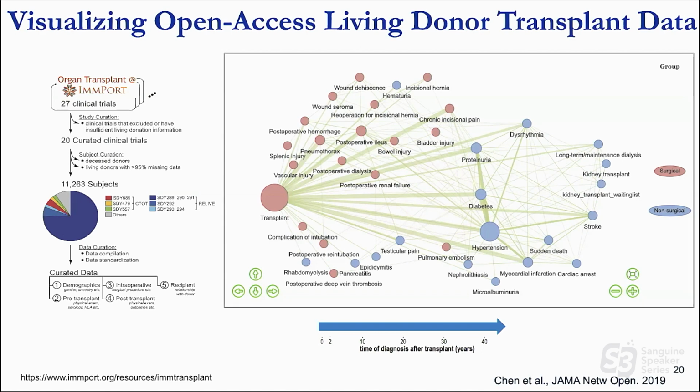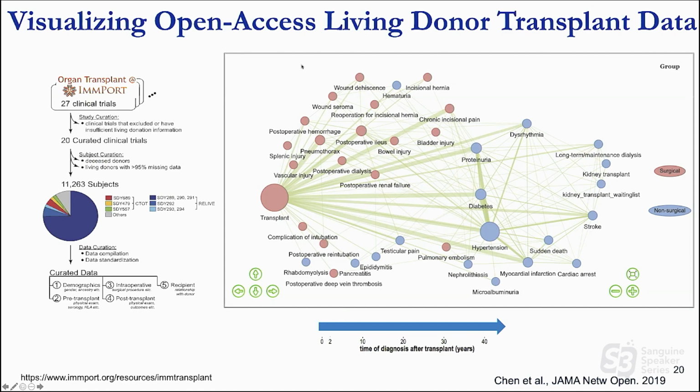After they donated the kidney, they were followed somewhere from 2 years to 40 years, right? So what we have plotted is a trajectory analysis of these living donors, and it's color coded based on whether they had any surgical complications, that's in red, and the non-surgical ones in light blue.